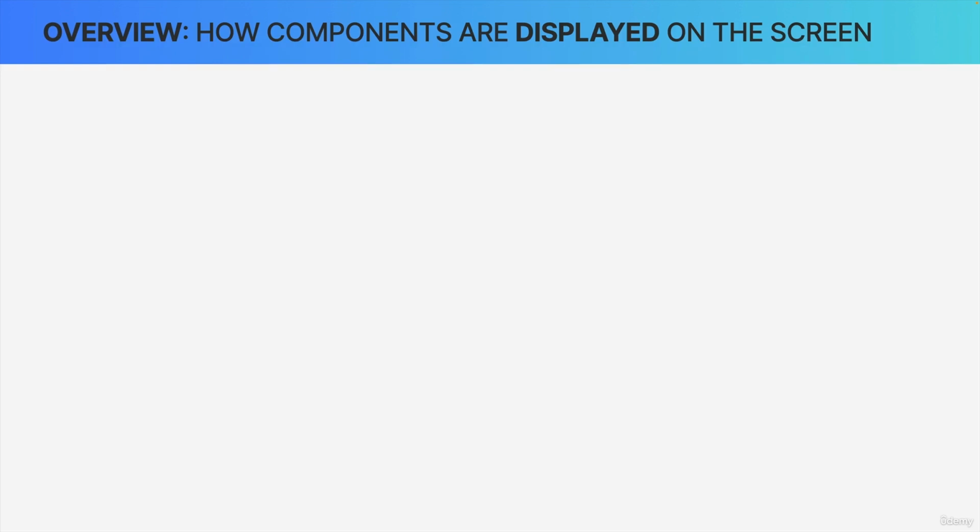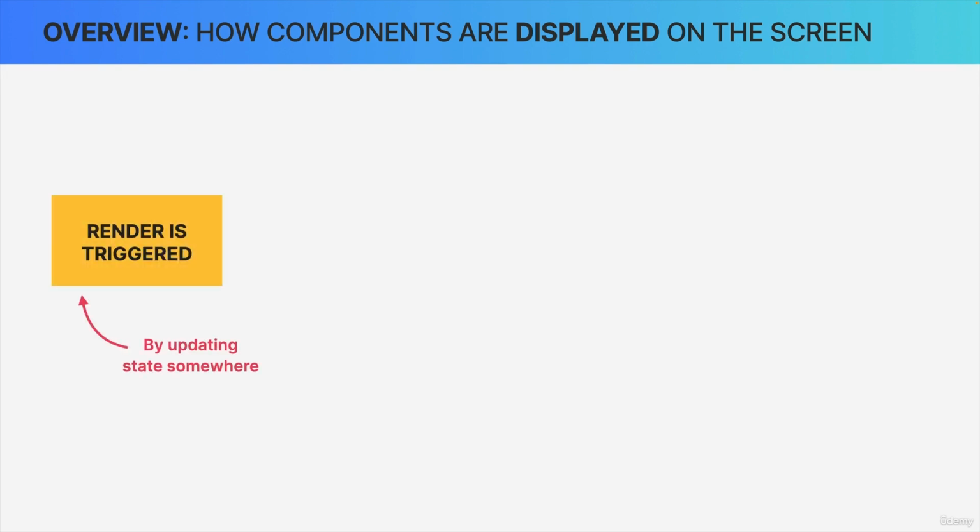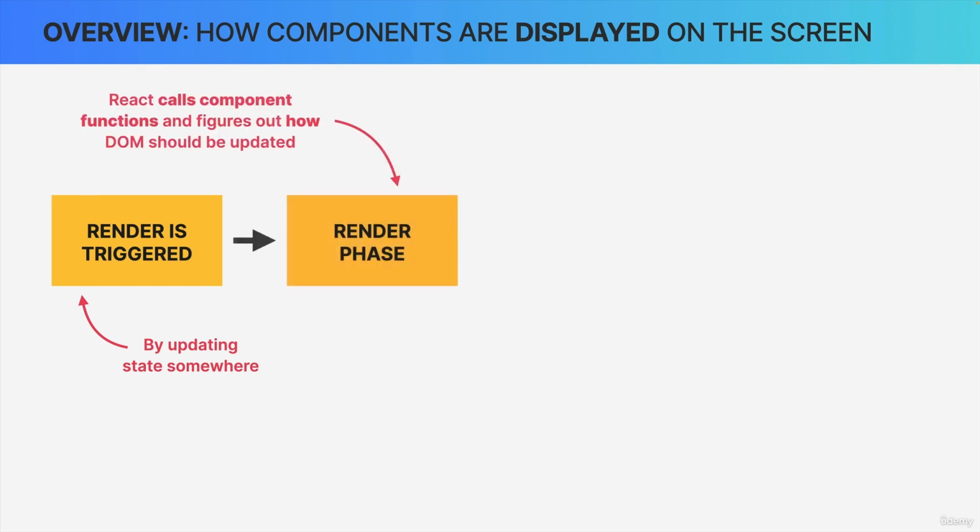So, this process that we're about to study is started by React each time that a new render is triggered, most of the time by updating state somewhere in the application. So state changes trigger renders, and so it makes sense that the next phase is the render phase.